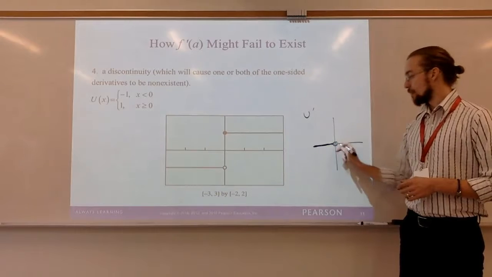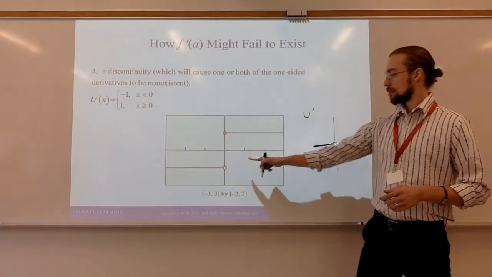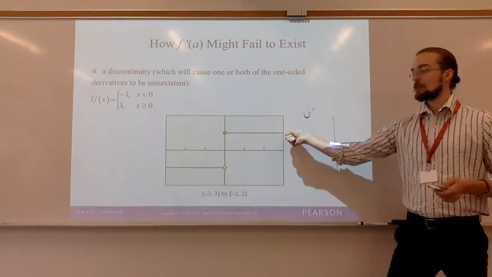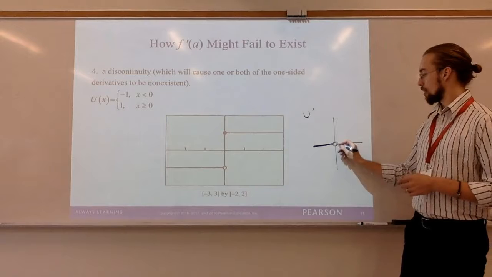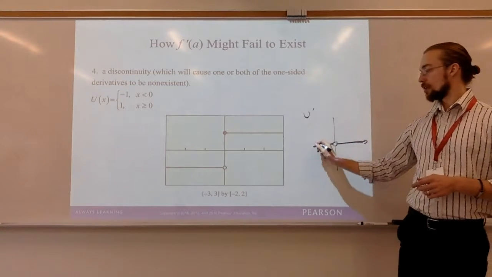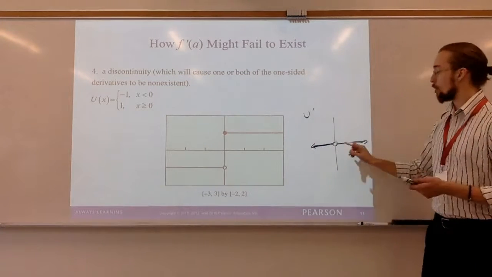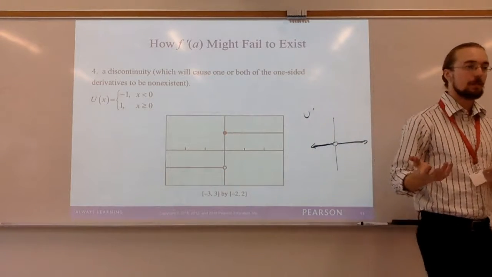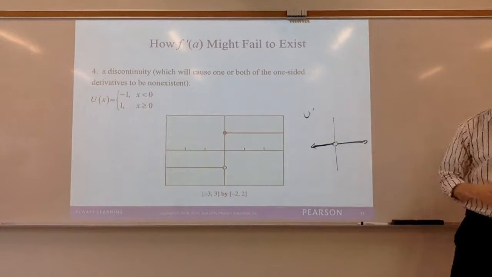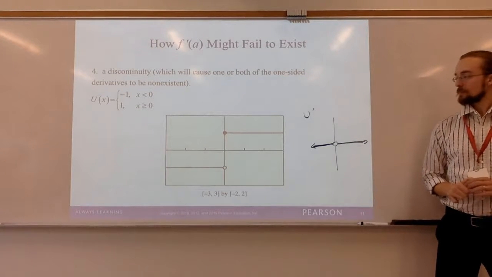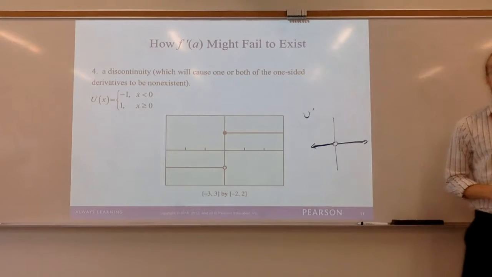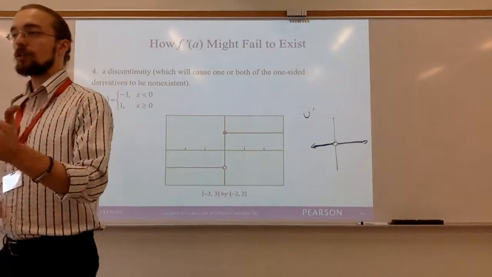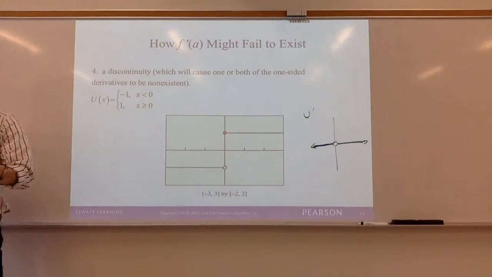We know it's not defined at 0 because we've got a discontinuity. Then what's the slope of my line over here? Also 0. So my derivative is just going on the x-axis there. But we know there's a hole at 0 because it's not differentiable there. If it's not differentiable, there's going to be a hole in the derivative. So, 4 ways that a function might not be differentiable: corner, cusp, vertical tangent, or discontinuity.